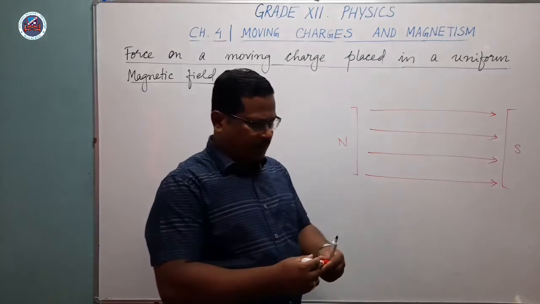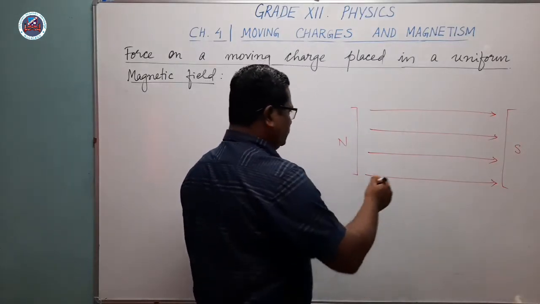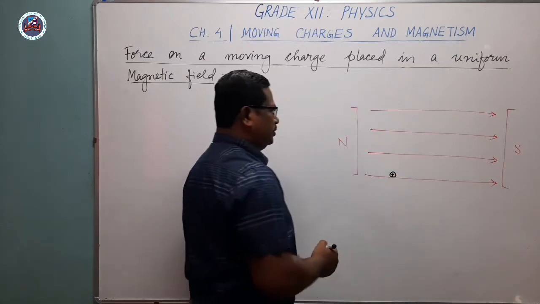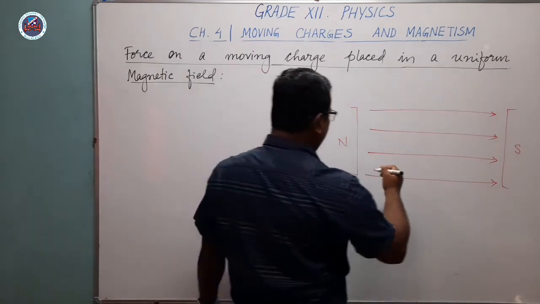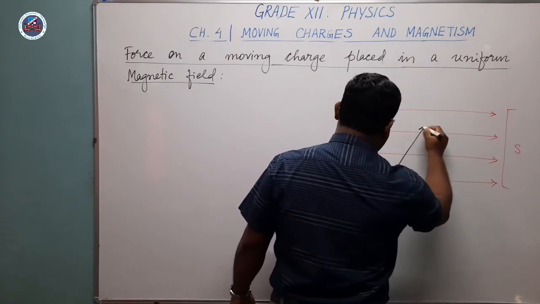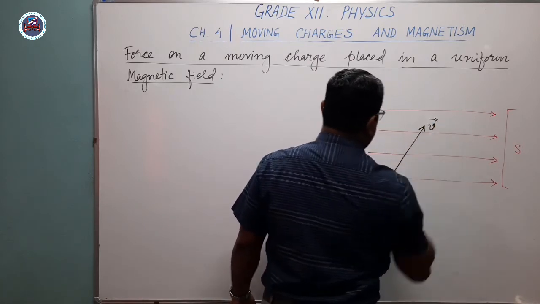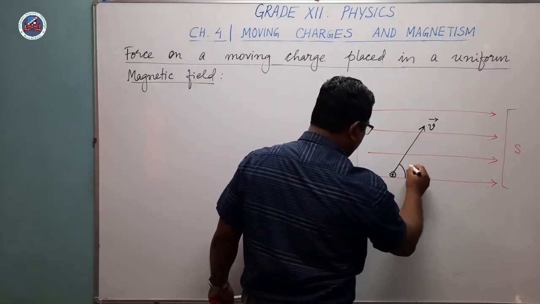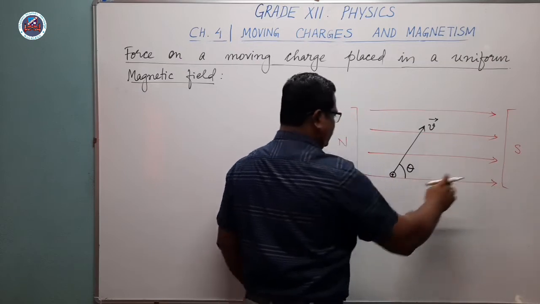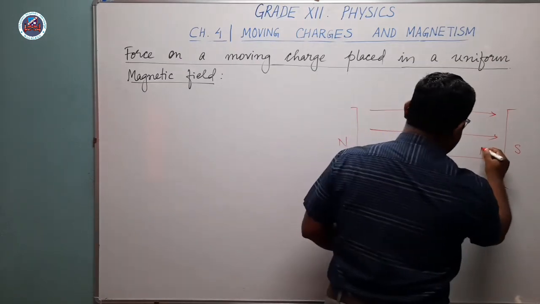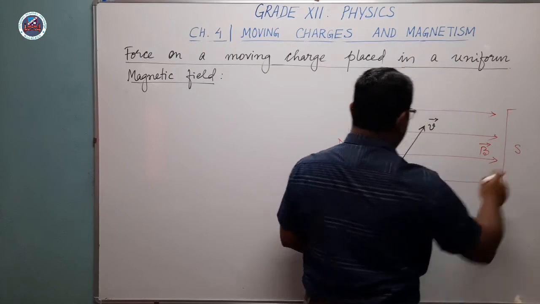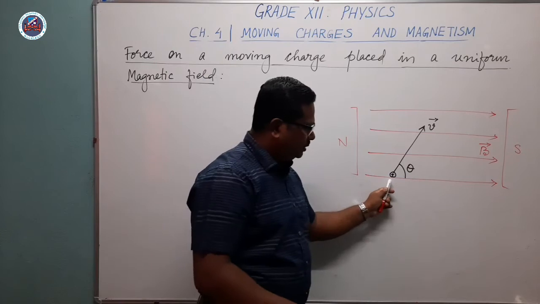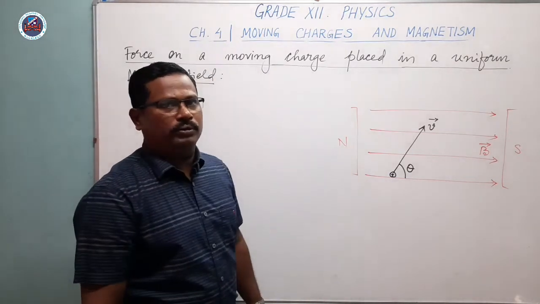But what we are going to study is if a charged particle, say a positive charge, it can be a positive charge or it can be a negative charge, if we allow it to move with some velocity, say v, at an angle, say inclined at an angle theta with the magnetic field. This is the direction of your magnetic field going like this. Then this charge experiences some force.